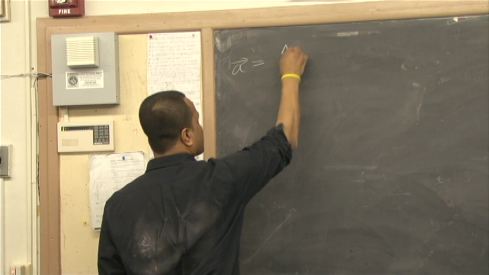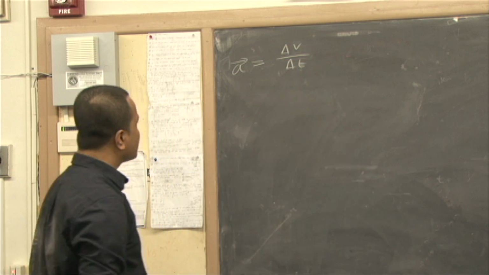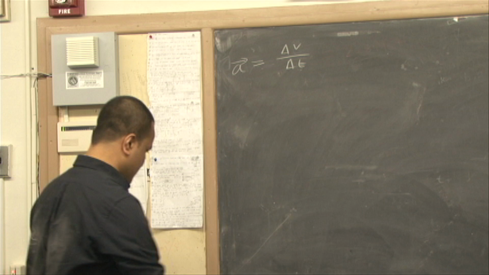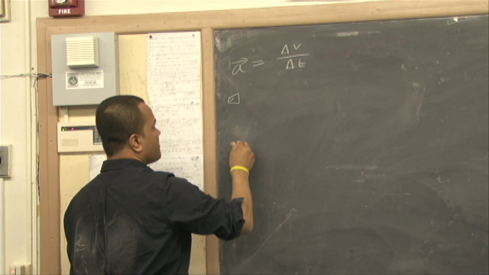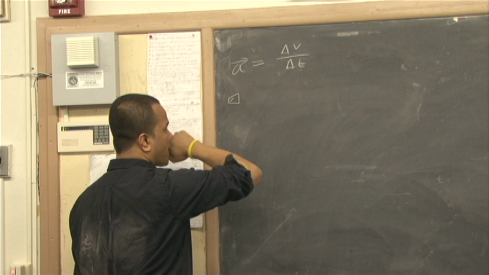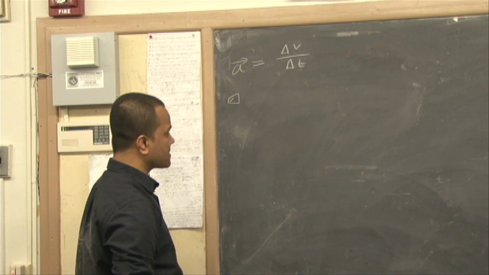Acceleration is delta v over delta t. So let's derive a problem, as we promised to do. Using this formula we're going to come up with a physics problem.